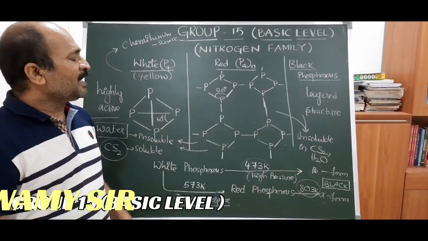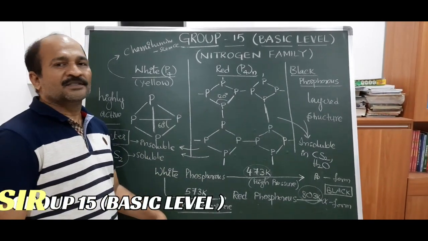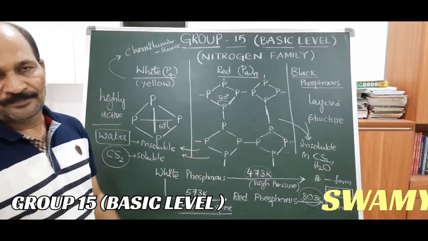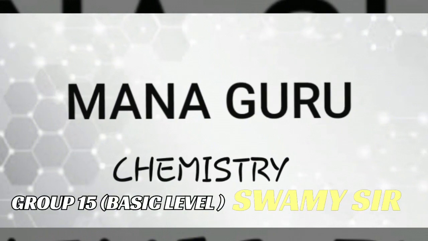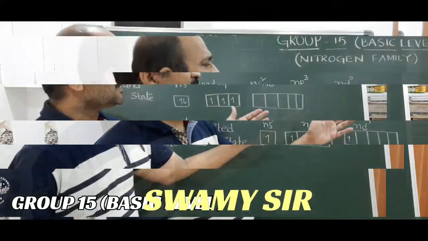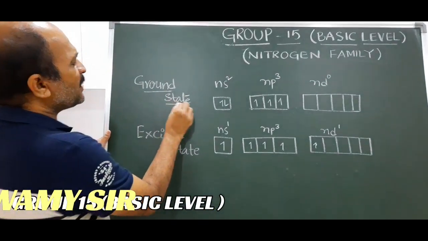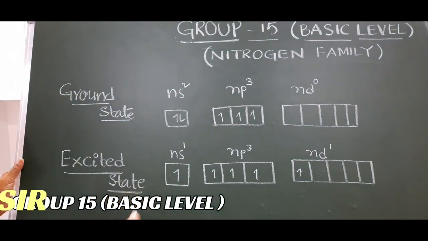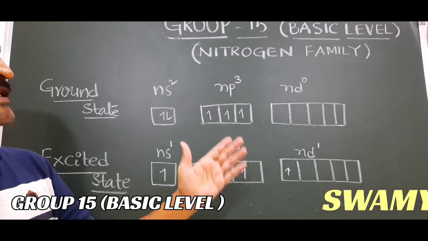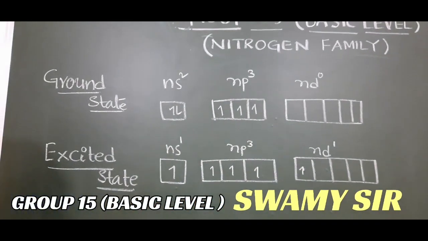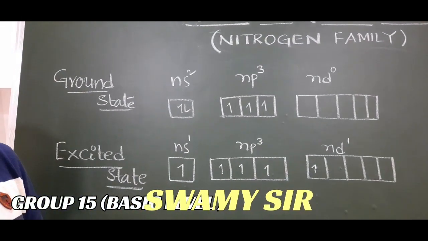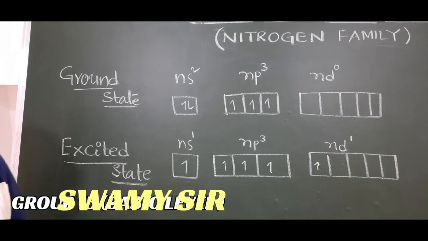Now we are entering into the electronic states and oxidation states of this group. Students, with the help of the electronic configuration, we are explaining the possible oxidation states and their stabilities. First, what are the oxidation states possible for the 15th group elements?